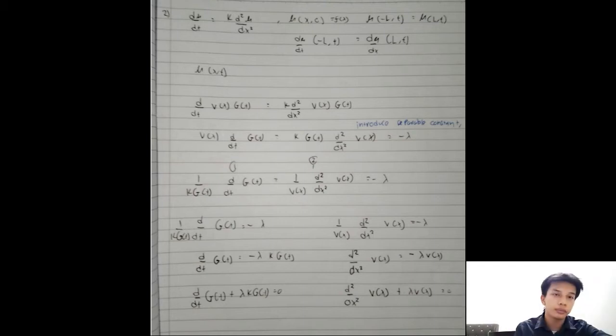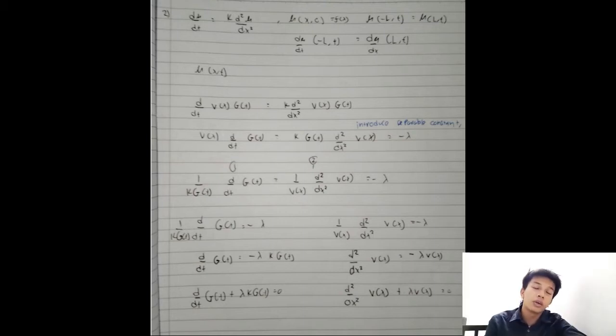The first ODE is (1/(k g(t))) dg/dt = -λ. We can solve this equation to give us the desired equation, which is dg/dt + λk g(t) = 0.